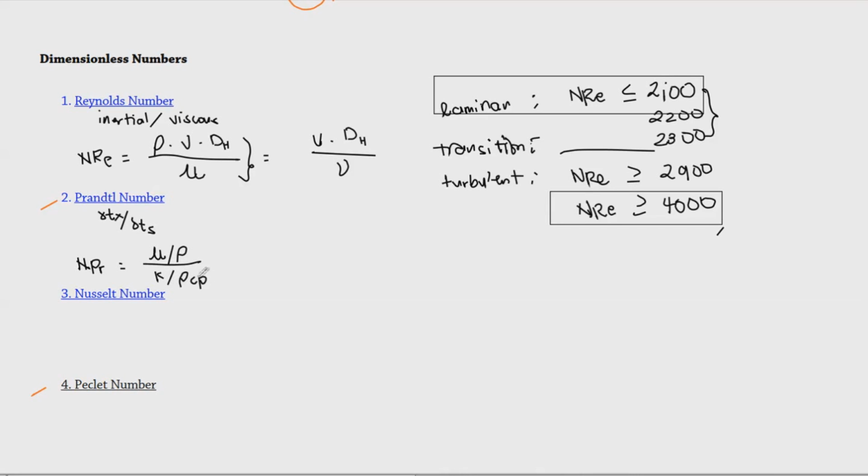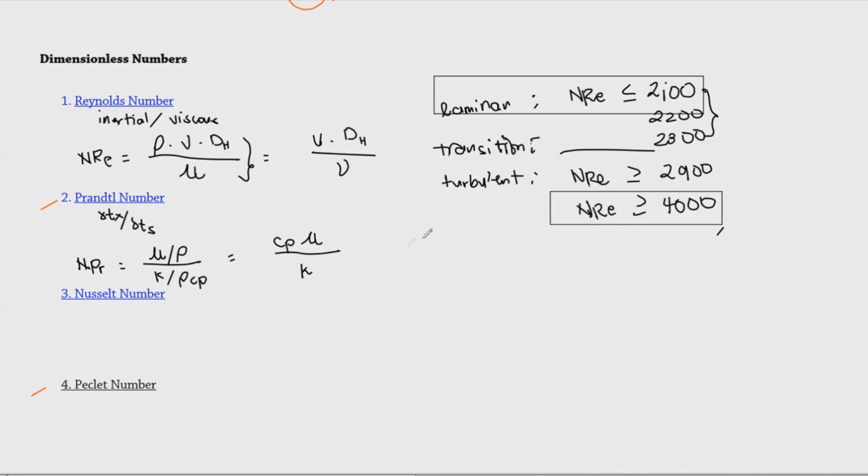This is what we call the thermal diffusivity, and the other one is the diffusivity of momentum. If we cancel out the densities here, we will be left with Cp, the specific heat capacity, times the absolute or dynamic viscosity, divided by the thermal conductivity.